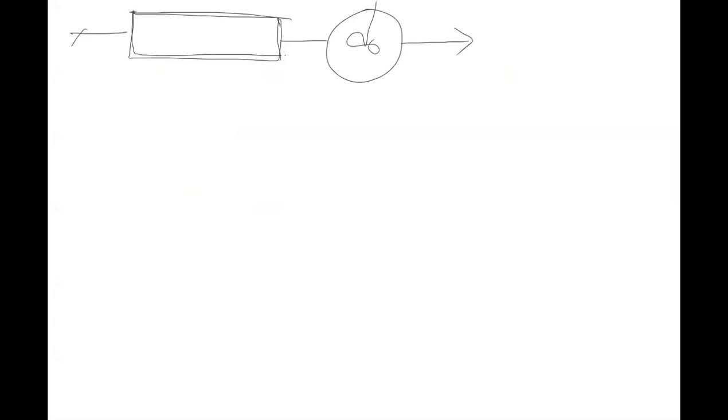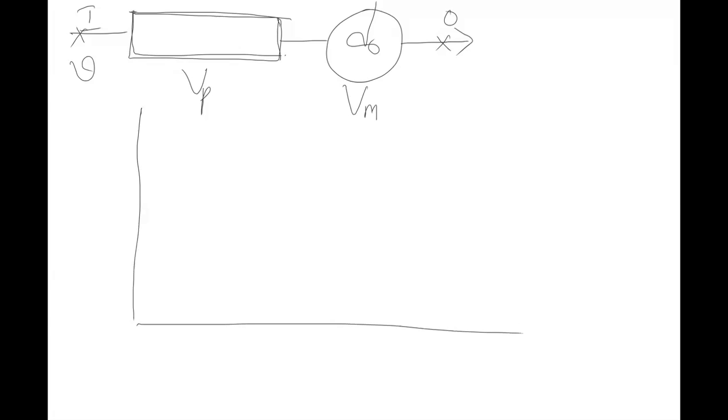Let's say you are injecting here and you are observing here. The volume of the PFR is Vp, the volume of the CSTR is Vm, and the volumetric flow rate is V. Now you have to combine both and then write the RTD. How does the RTD look?